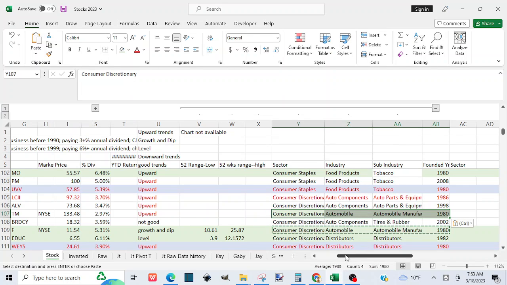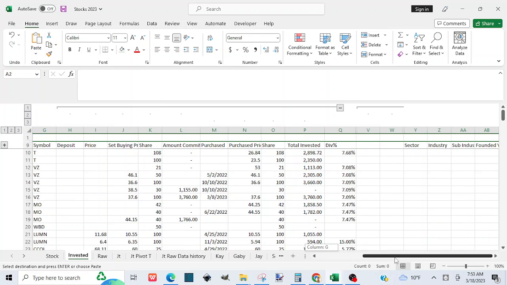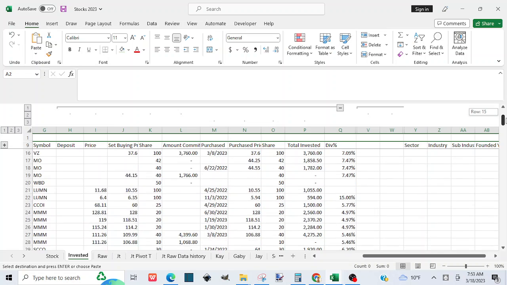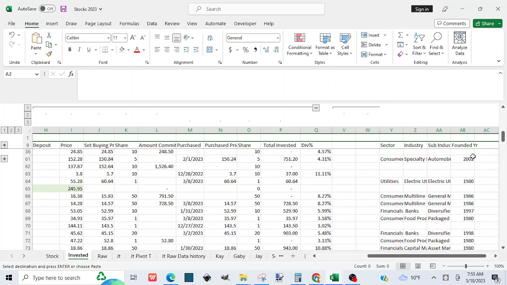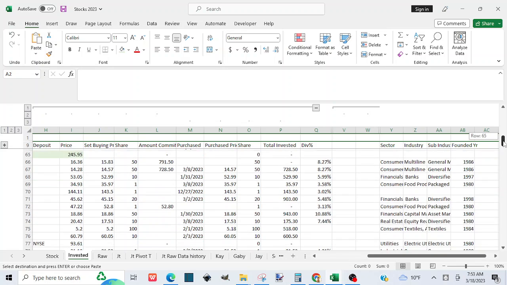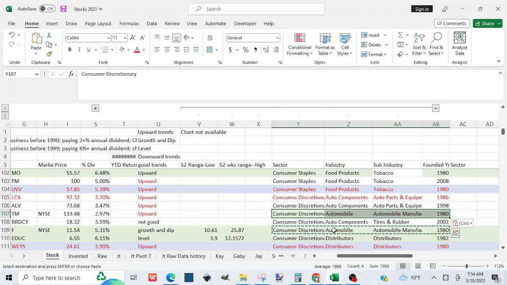And the reason why it's good to record this industry and the sub-industry is that when you are investing, at some point you might want to know the sector and the industry you invest in to see if you are well diversified. Does that make sense? So it might be a good idea to take note of those sectors, industries, and sub-industries that you have been pulling in.